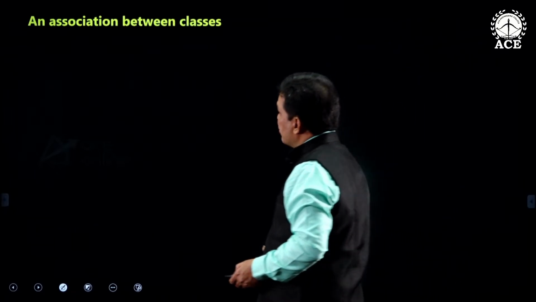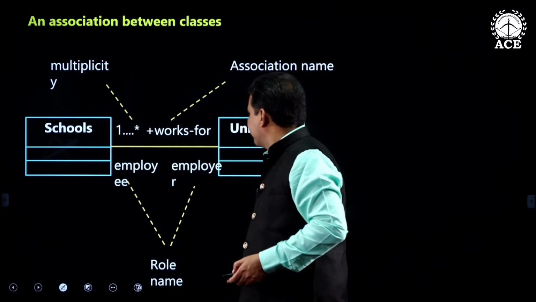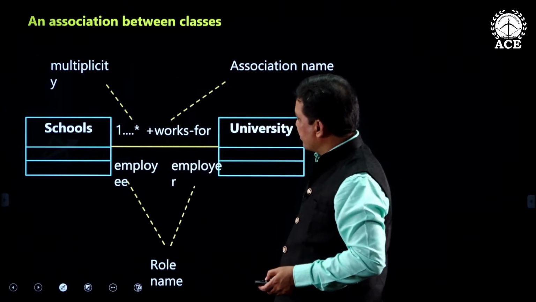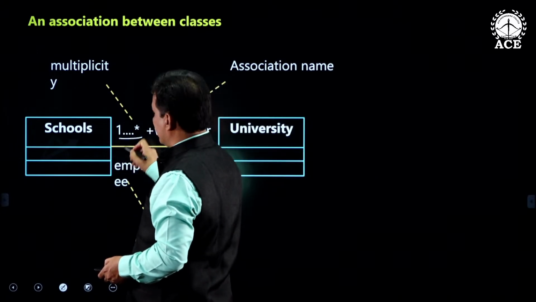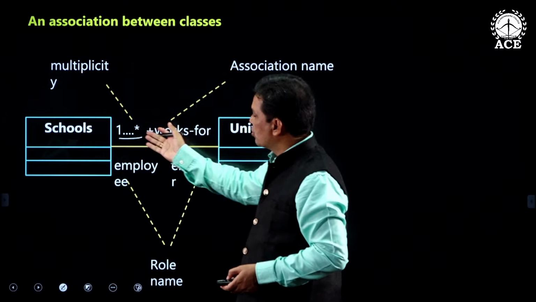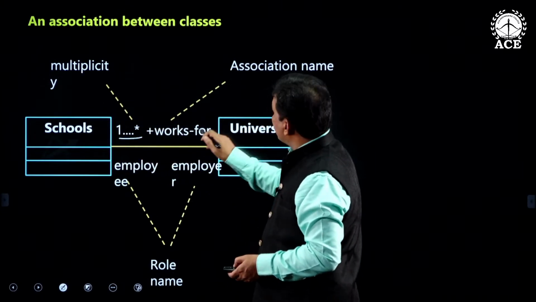Coming to next, association between two classes. Let's take school as one class and university as one more class, right? Multiplicity: how many schools under a university? Multiple schools can be established under a university. So 1 to star means multiple schools belong to one university. The association name is works for.